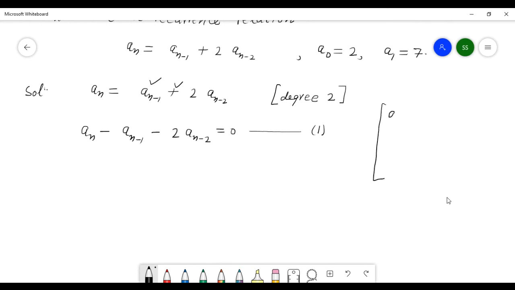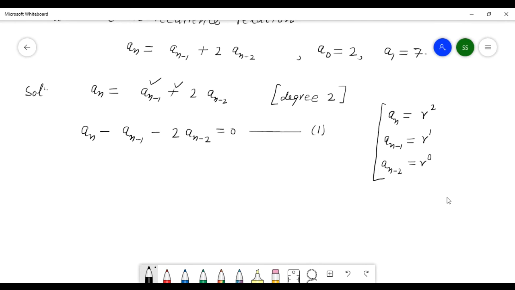Then you start from here. Degree 2, so take a_n equal to r squared, a_(n-1) equal to r to the power 1, and a_(n-2) equal to r to the power 0.